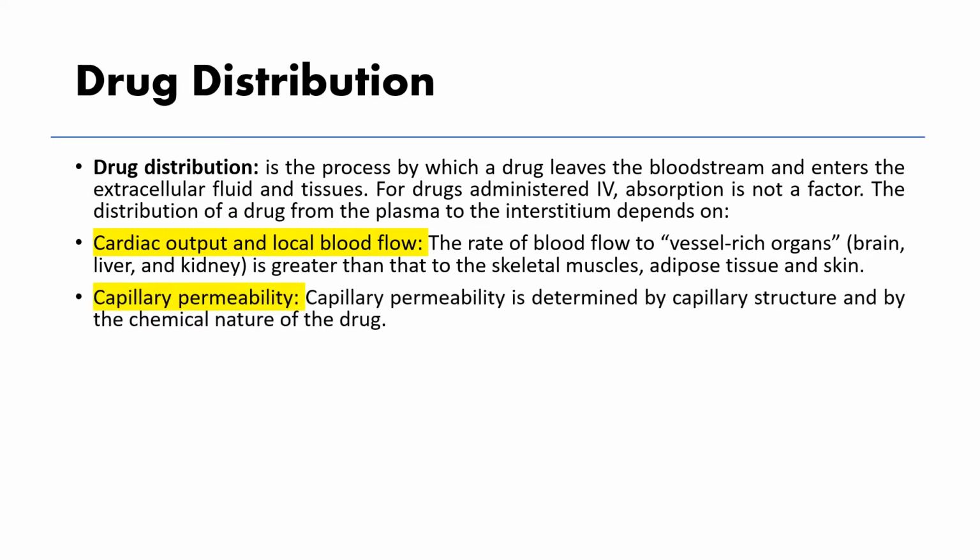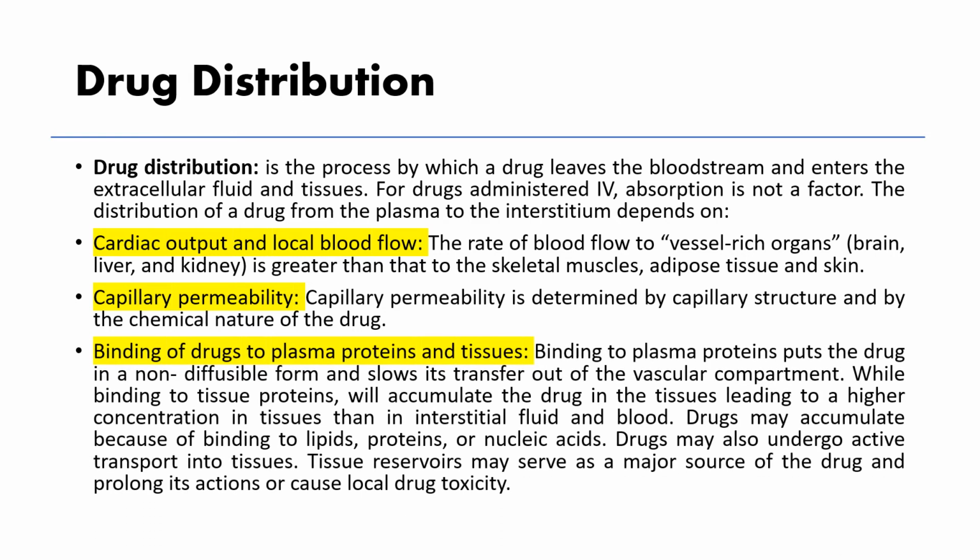Next is capillary permeability. Capillary permeability is determined by capillary structure and by the chemical nature of the drug. Number 3, binding of drug to plasma proteins and tissue. Binding to the plasma proteins puts the drug in a non-diffusible form and slows its transfer out of the vascular compartment, while binding to the tissue protein will accumulate the drug in tissue, leading to a higher concentration in tissue than in interstitial fluid and blood.